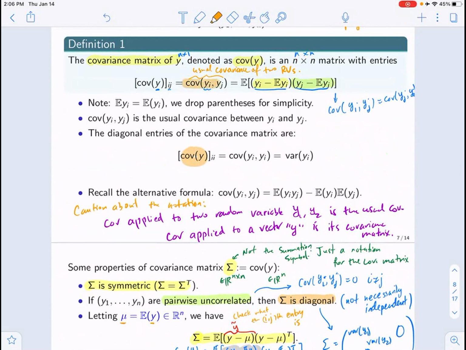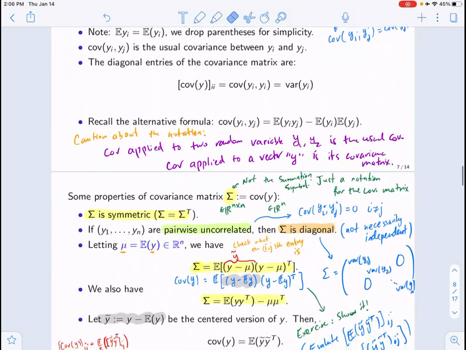This is a little bit different than a notation like this. So covariance of a random variable with something else takes two inputs, whereas the covariance operator with some abuse of notation can be used for a vector. This outputs a matrix whose entries are these pairwise covariances. I hope this doesn't lead to too much confusion.